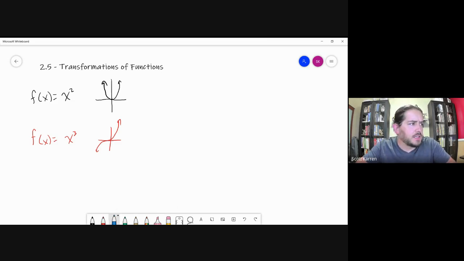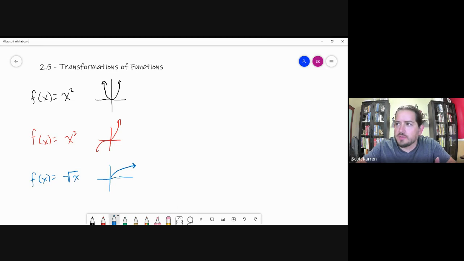Let's look at, say, f of x equals the square root of x. That is kind of like that. Goes on forever. So these are some functions that you should be aware of their general form, what they look like, right?